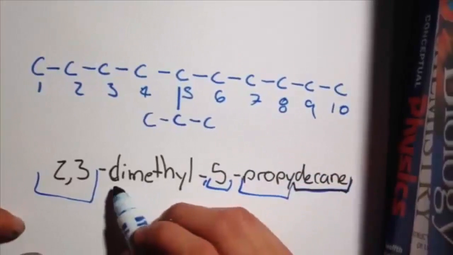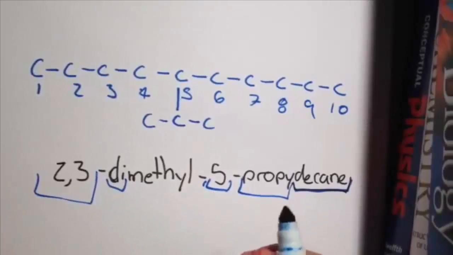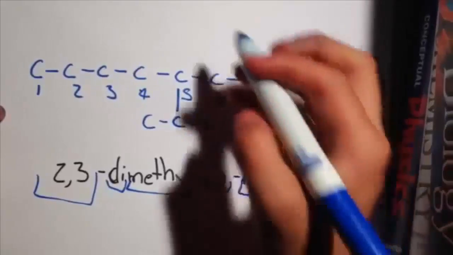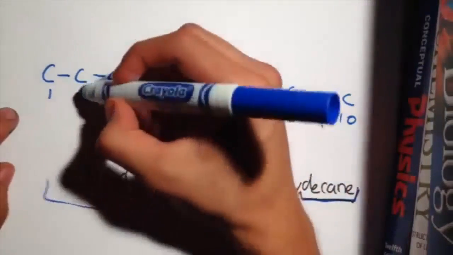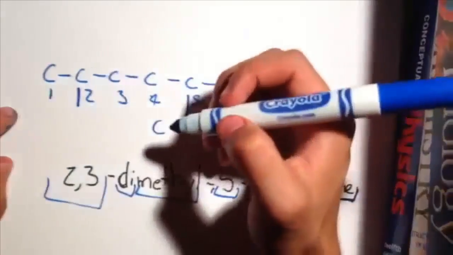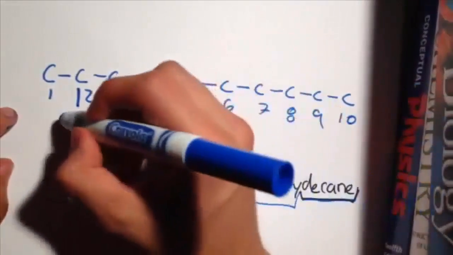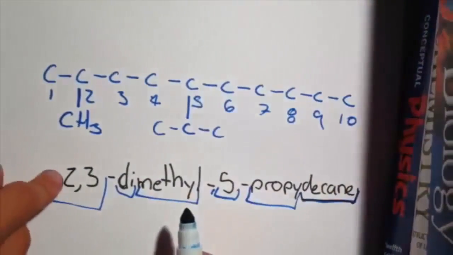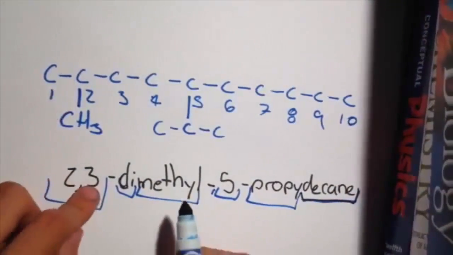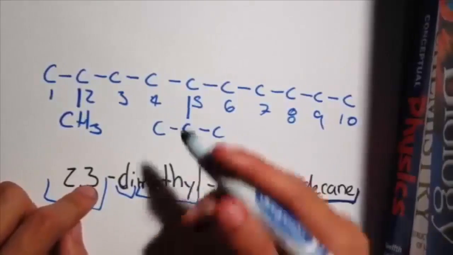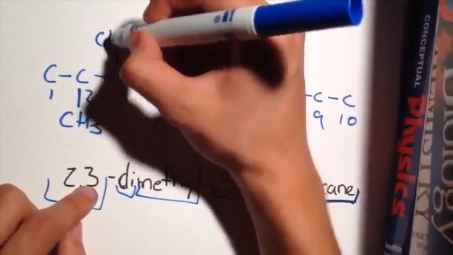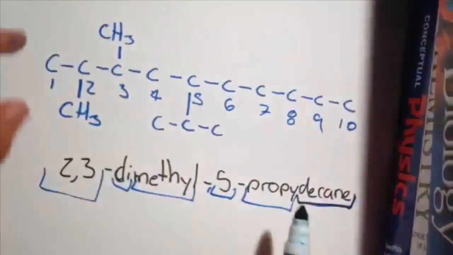We can see di, which means 2, and methyl, which means 1 carbon. So I draw here a line that is a carbon with a CH3, and because it's at position 2, then at position 3 there is another methyl, because it's di. So I draw bonds and then add CH3, which is 1 carbon.